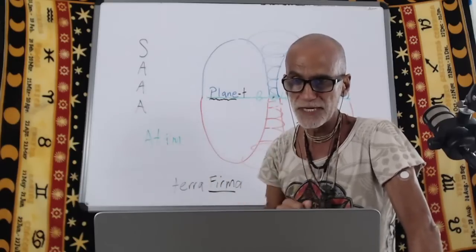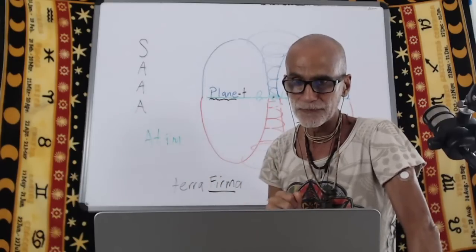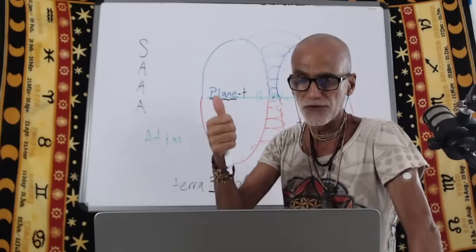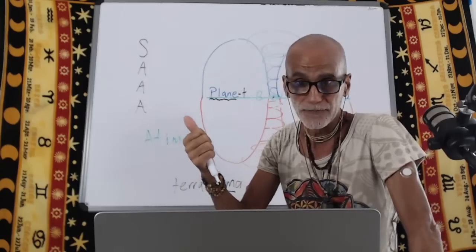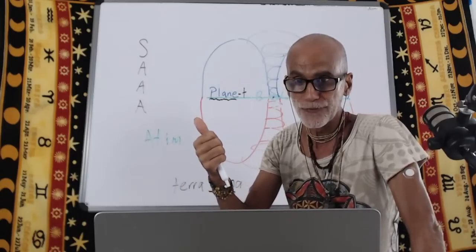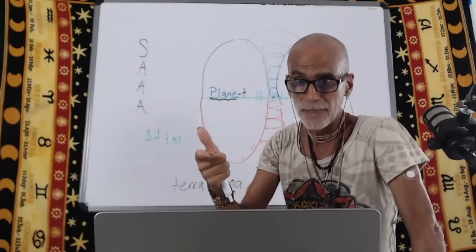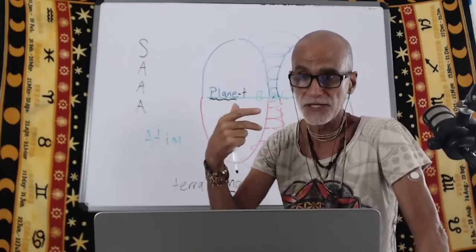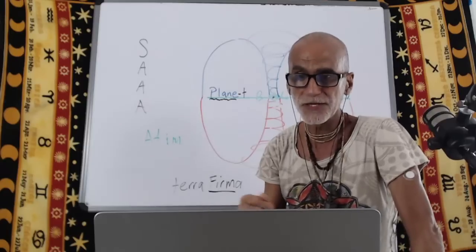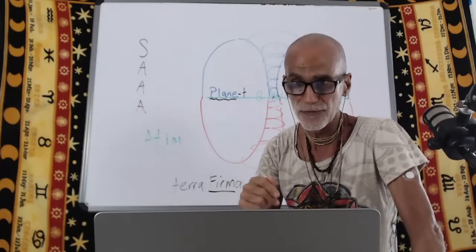That will be one of the meanings. Okay? So you live on a planet. Everyone says that. It's true. And you live on terra firma. Well, that means it's firm, which means it's stationary. It doesn't move. It's obvious it doesn't move.